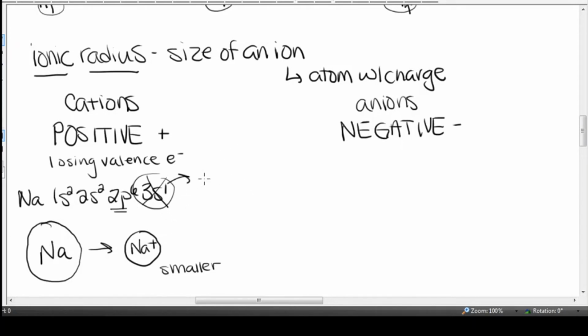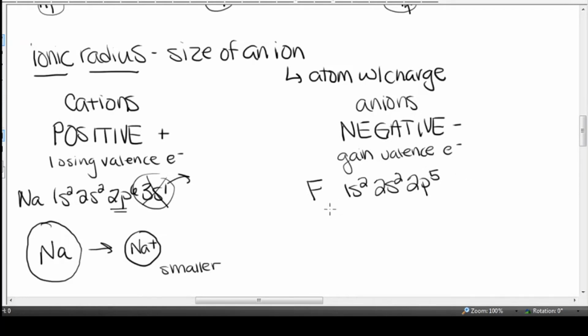Where did it go? Well, it probably went to something that wants to gain electrons and become an anion, become negatively charged. So anions gain valence electrons. Let's say we were talking about, I don't know, fluorine: 1s2, 2s2, 2p5.